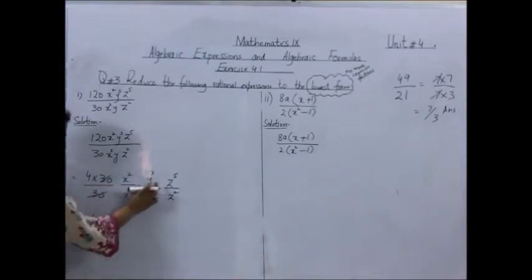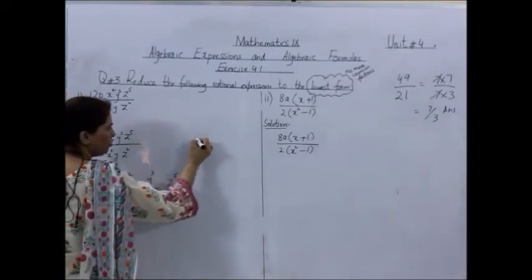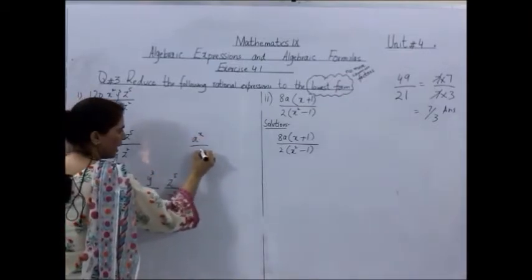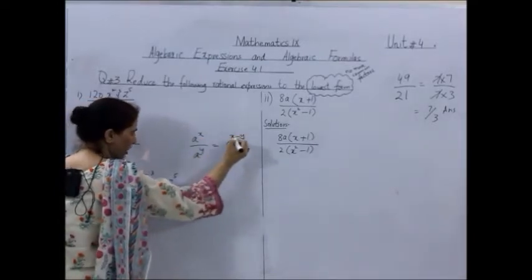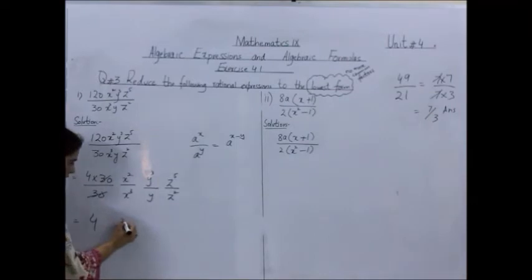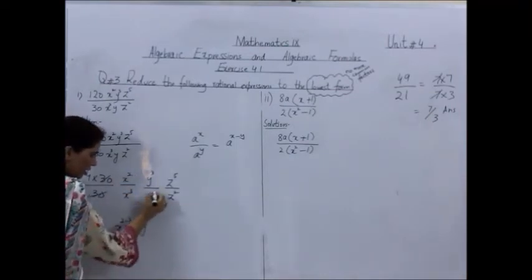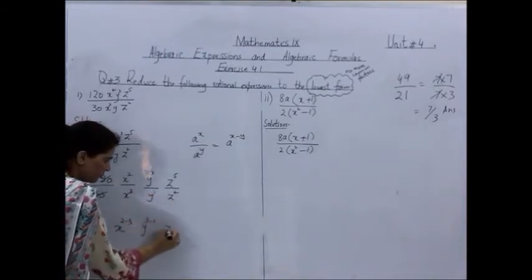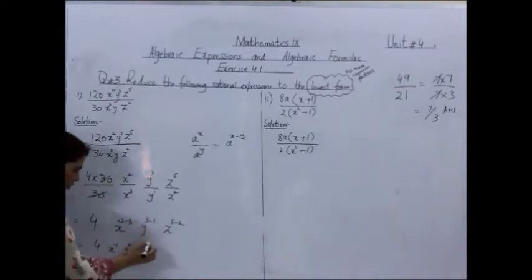Now see, we will apply the law of exponents, and we know the law of exponents: x^a by x^b is equal to x^(a-b), the base is the same and the exponents are subtracted. 2 minus 3 is minus 1, 3 minus 1 is 2, 5 minus 2 is 3.